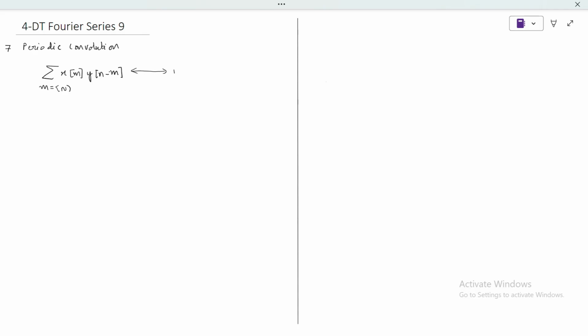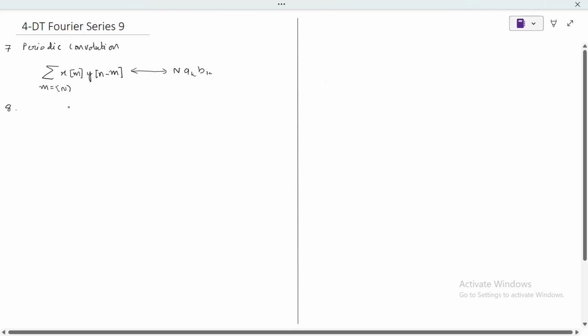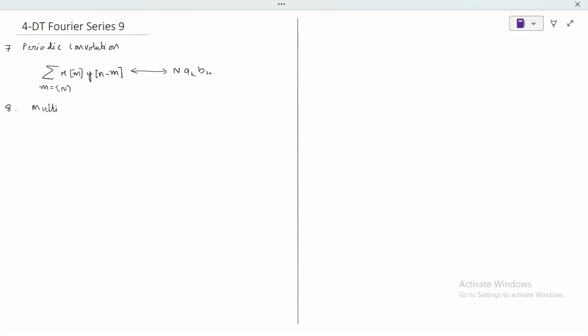So for this case, N into ak into bk. Already I told you that convolution in time corresponds to multiplication in the frequency domain, and vice versa: multiplication in time must be convolution in the frequency domain. So x of n times y of n equals, in the frequency domain, sigma al bk minus l.